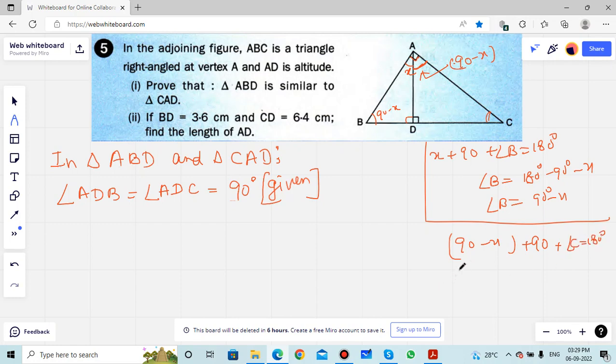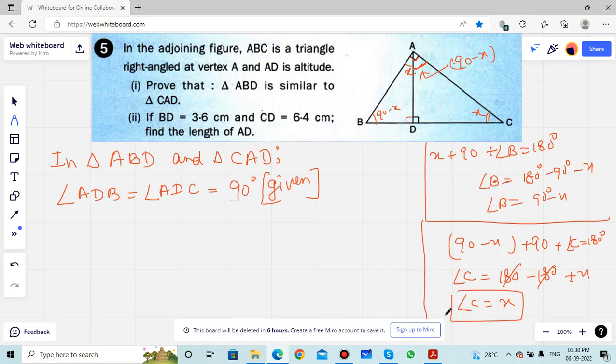Clear? So angle C is equal to 180 minus 90 minus 90, and minus x will come the other side, become plus x. So angle C is equal to x. So we got this angle as x.